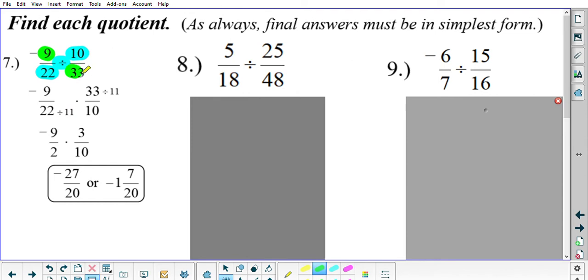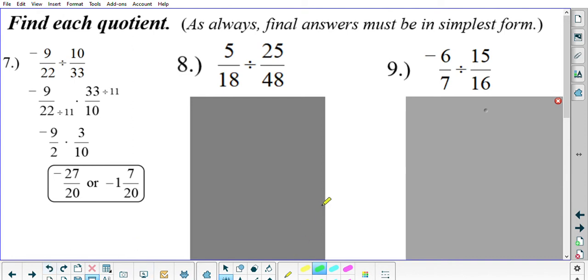They're both divisible by 3, but you can't do that because there's division in between. Moral of the story, you cannot reduce diagonally unless you have times in between. So that's one of the main reasons I wanted to give you number 7, just as a refresher to your memory that you cannot reduce diagonally until there is multiplication in between.